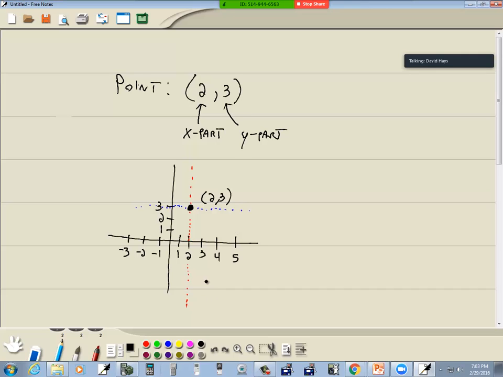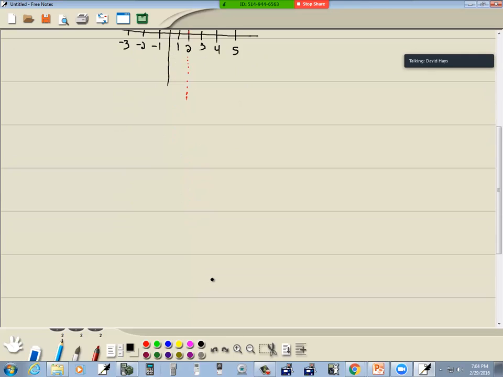Now let's look at a negative point. Oftentimes you'll see letters put in front of them, as in this example. So we want to plot this point, -2, -4.